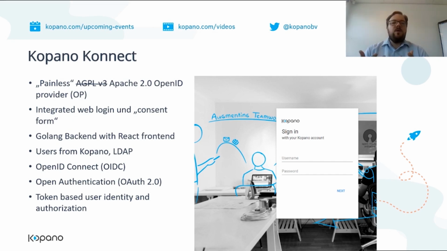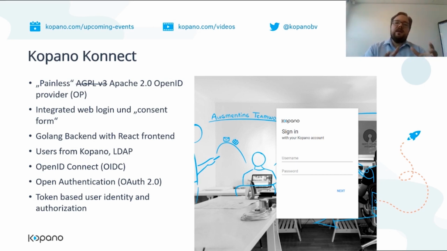So even if you want to, and this is actually what has been done at Univention, they have taken our OpenID provider, Kopano Konnect, and made their own React front end in front of it. So then you don't see "sign in with your Kopano account", but you see "sign in with Univention".